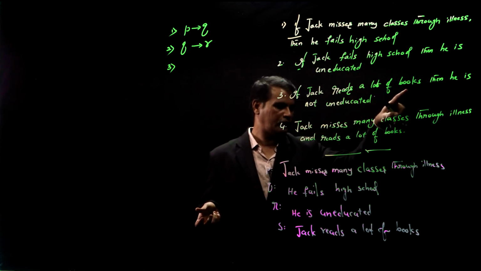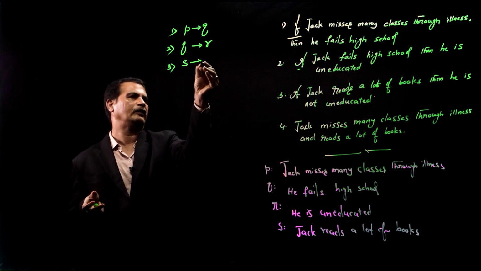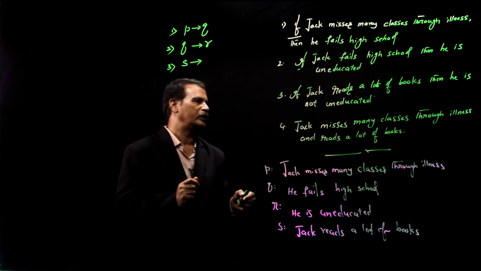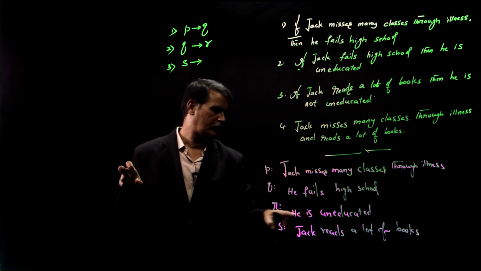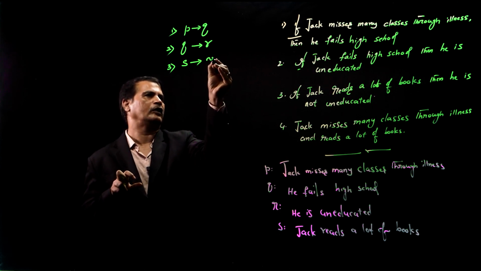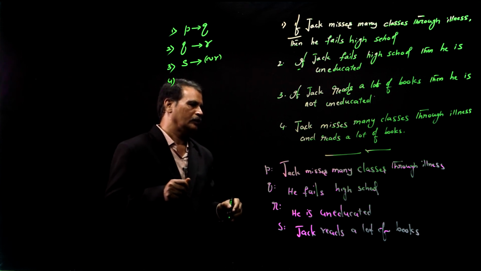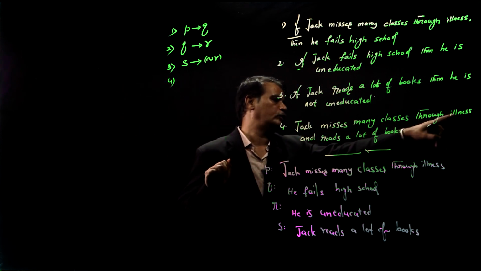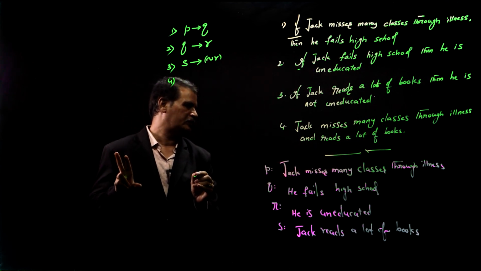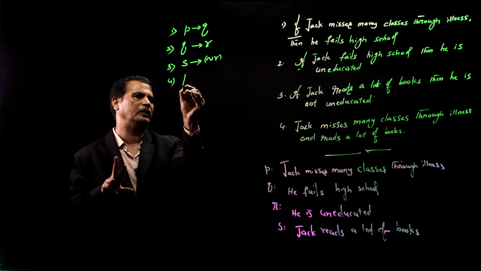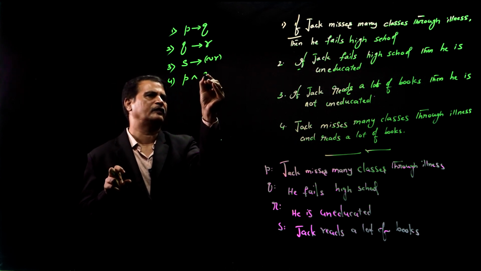Jack reads a lot of books is indicated by S. S implies, if Jack reads a lot of books, then he is not uneducated. Not uneducated means negation of R. Next, fourth one: Jack misses many classes through illness is represented by P, and reads a lot of books means S.